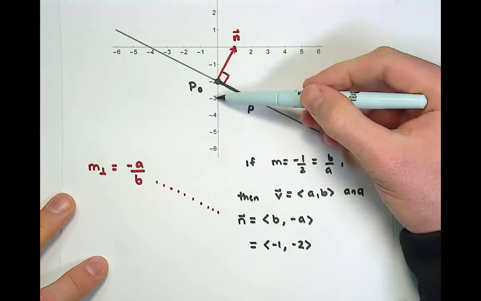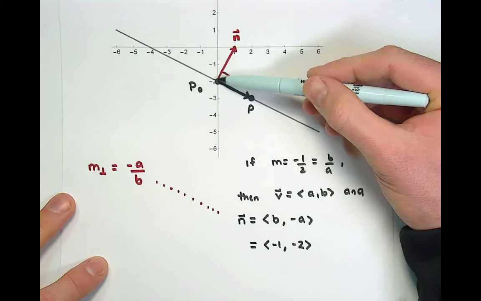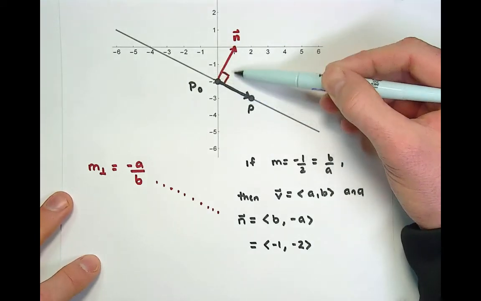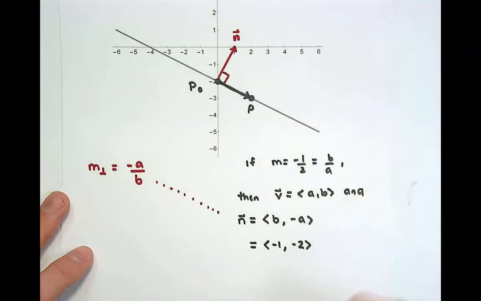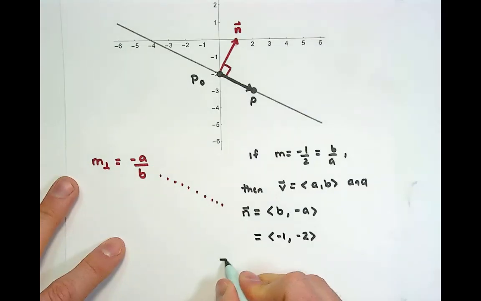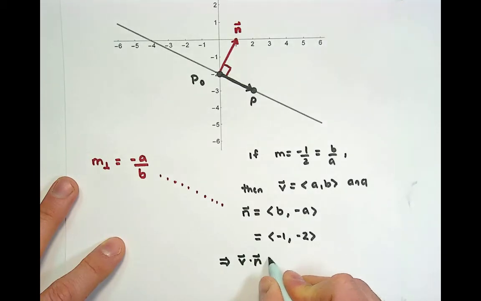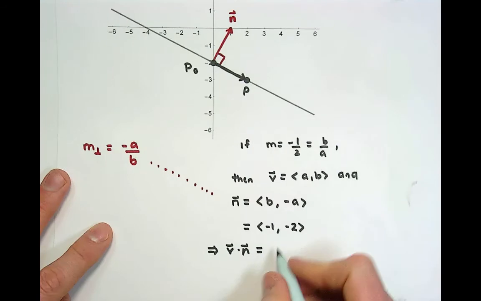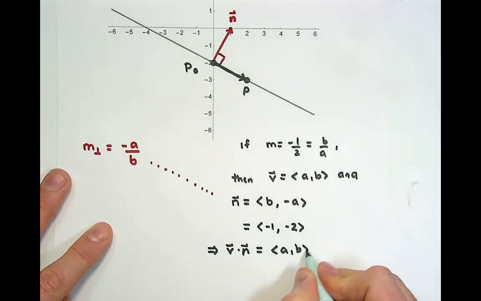So that means go down 1 unit and left 1 unit, or go right and up 2. So there's that n there. And we can check real quick that if I took v dot n, the direction of the line dotted with the direction of the normal vector, that indeed we would get 0.